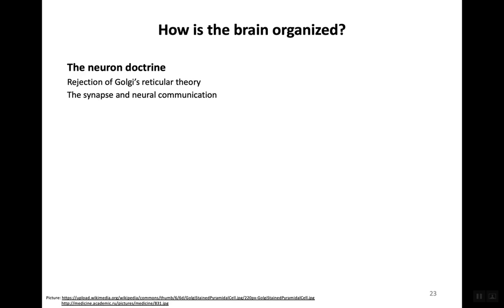This was a very passionate and interesting dispute in the scientific world, and it was not until the 1950s, with the arrival of electron microscopy, that the final nail was placed in the coffin of Golgi's particular theory by proving without any doubt the presence and the importance of neurons, of neural cells, for the organization and for the structure of the brain.